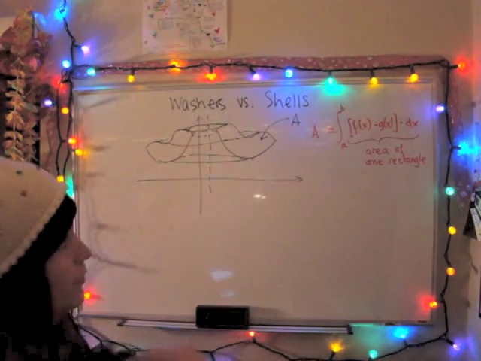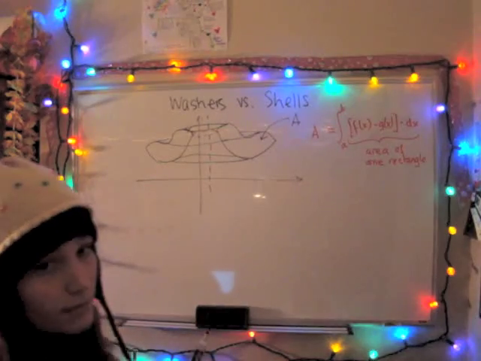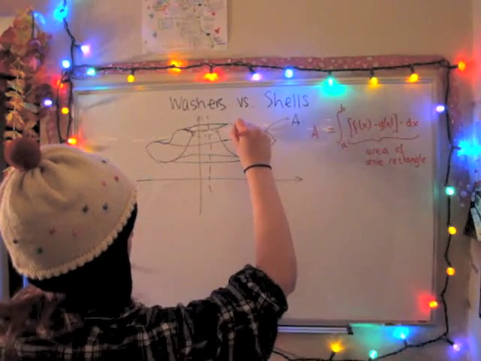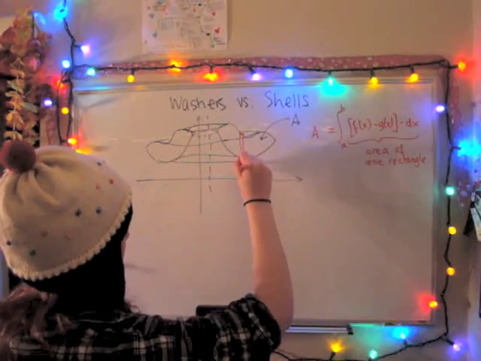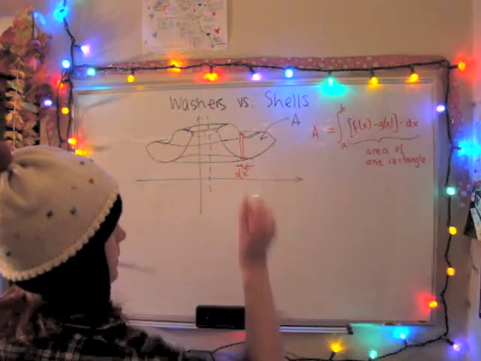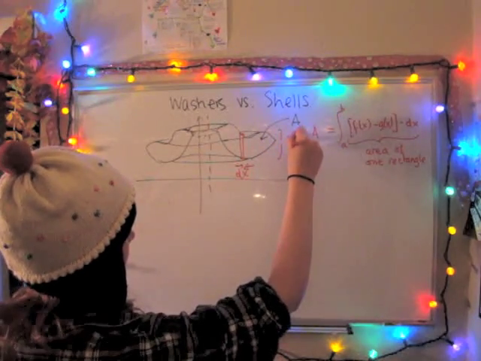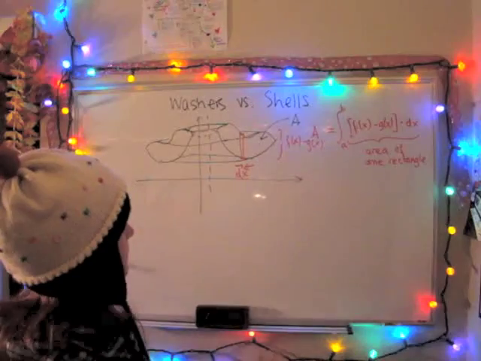Anyway, you get some kind of weird shape. Now, again, back up to your area slice. So here's your area slice. Same old. It's got a width dx, and it's got a height f of x minus g of x.